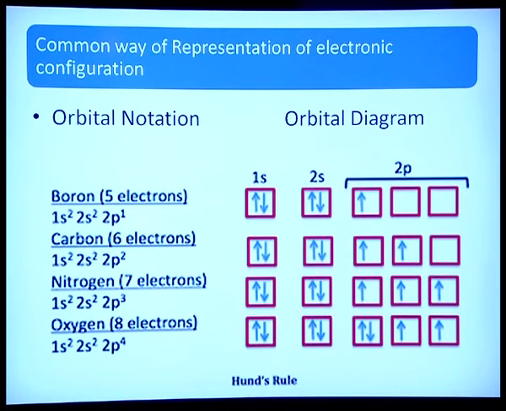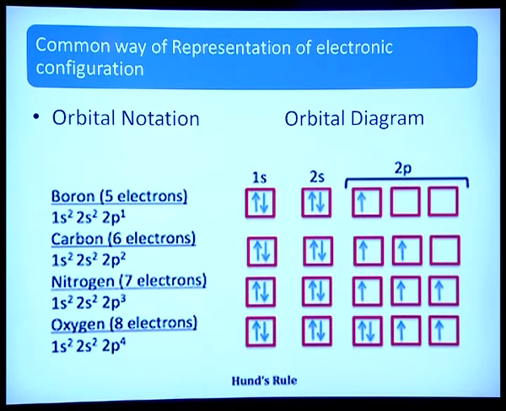There are 2 notations used for writing the configuration: the orbital notation method and the orbital diagram method. In the orbital notation method, orbitals which are filled are written in the order of increasing energies. The respective electrons in them are indicated as superscripts as shown here.